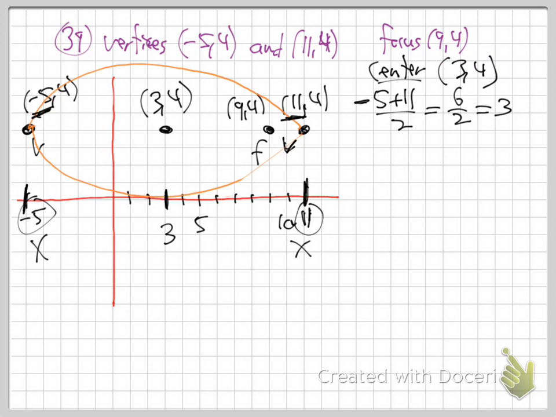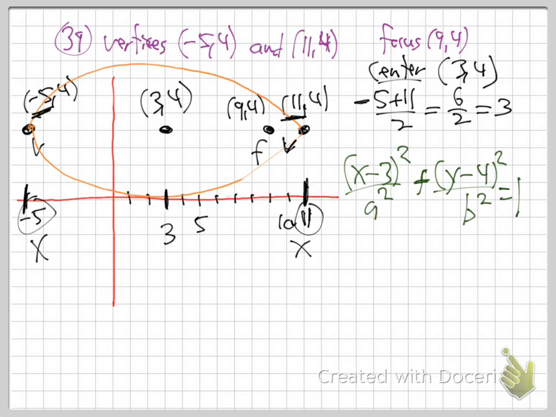So that's good. Now we're in business. So we can say the equation is x minus 3 squared plus y minus 4 squared over something which I don't know yet equals 1. Good so far? That's how the ellipse equations always go, opposite of the center numbers. So now I just got to find the a squared and the b squared, what goes below x and y.